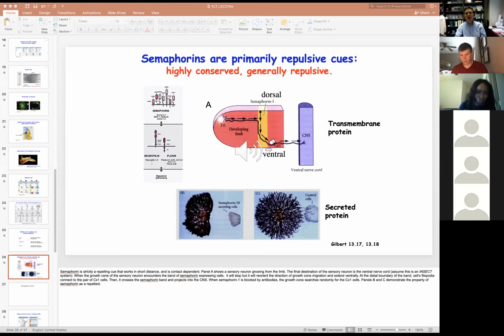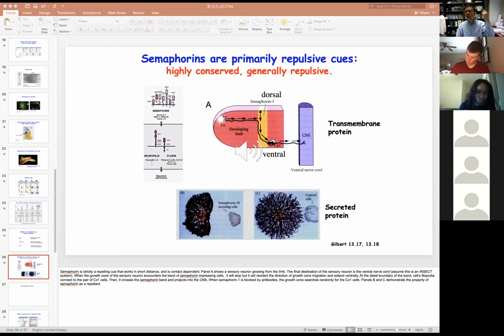They will usually run dorsally, but somehow they change their position and go into the ventral side because of the Cx1 cell. That is contact dependent. The Cx1 cell is expressing an attractive signal. So Cx1 is kind of a guidepost cell.